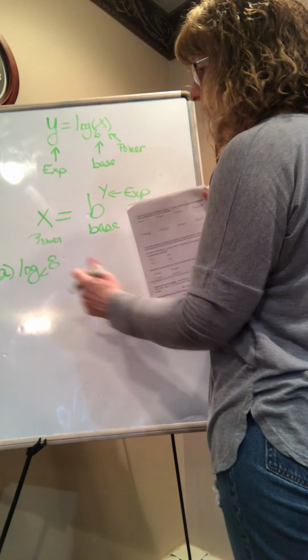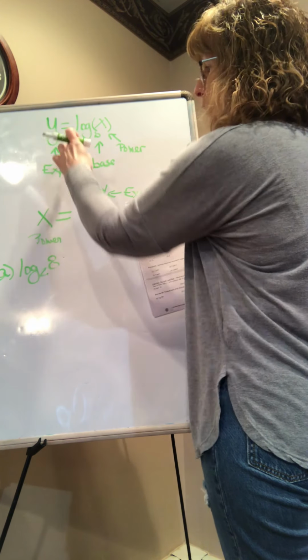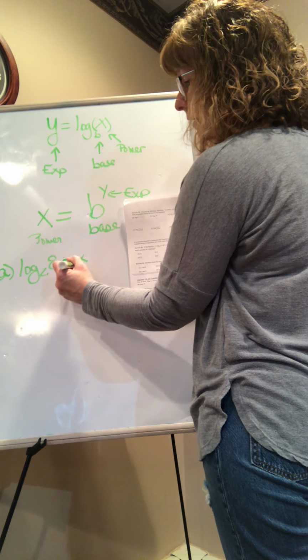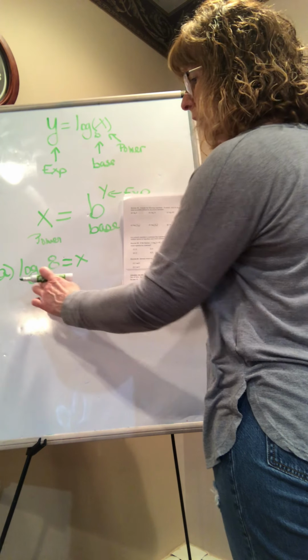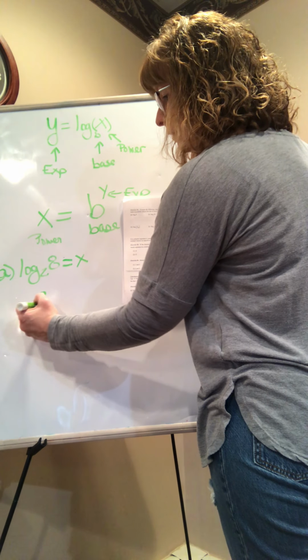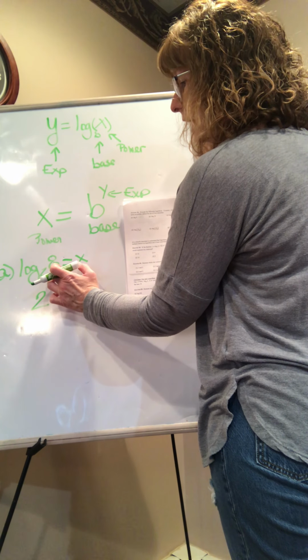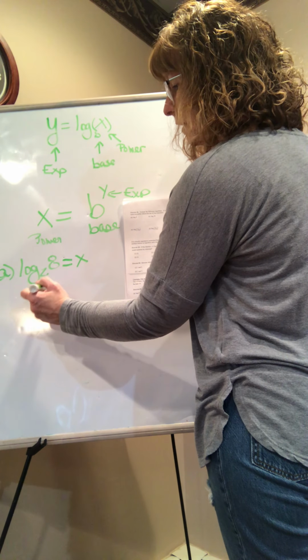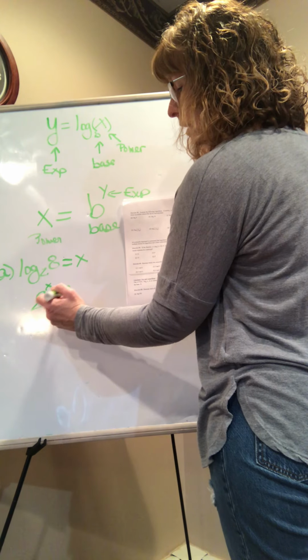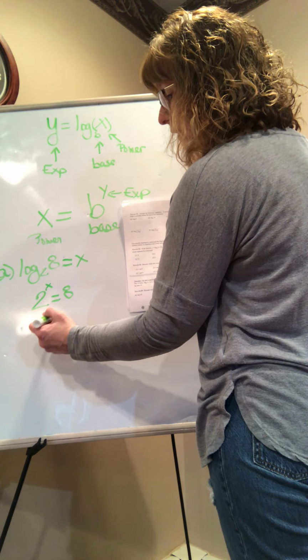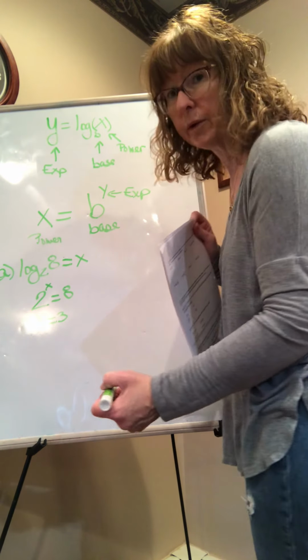So the first thing is, if I'm going to do this using algebra, then I'm going to say, I don't know what this equals yet. So now the base is 2, and I am going to, again, flip the exponent and the power. 2 to the what power is 8? Well, I know that x has to be 3, because 2 to the third power is 8.